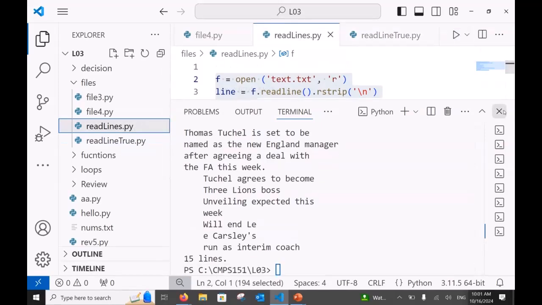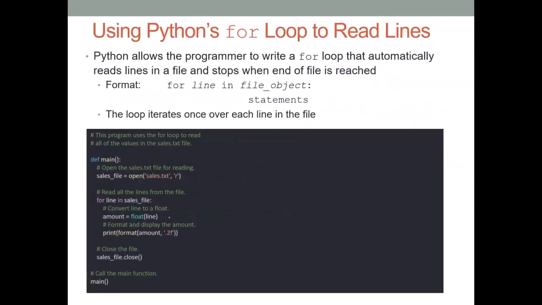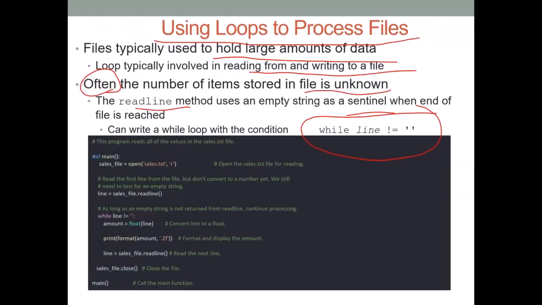Same? Good. So now here, read lines, okay? ماشي الحال. Good. Use a loop now. What's this? What did we do here? While what? Line is equal to what? You know this, صح?